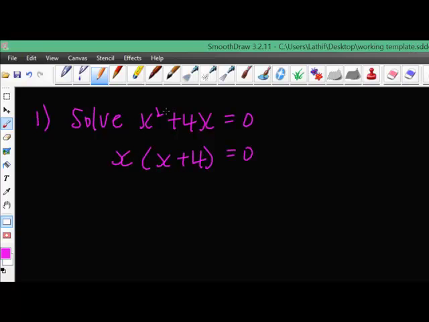And you see that x refers to my a, x plus 4 refers to my b. So therefore, x equals 0 or x plus 4 equals 0. And x plus 4 equals 0 gives me x equals minus 4. So our two solutions will be x equals 0 and x equals minus 4.